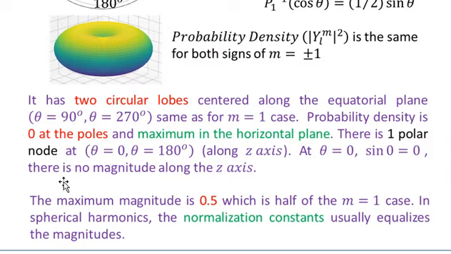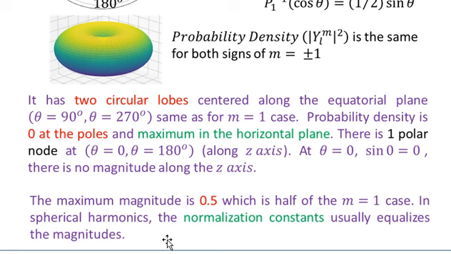There is one polar node at theta equal to 0 or theta equal to 180°, that is along the z-axis. At theta equal to 0, the function sine of theta is equal to 0, which means that there is no magnitude along the z direction. The maximum magnitude is 0.5, which is half that of the m equal to 1 case.